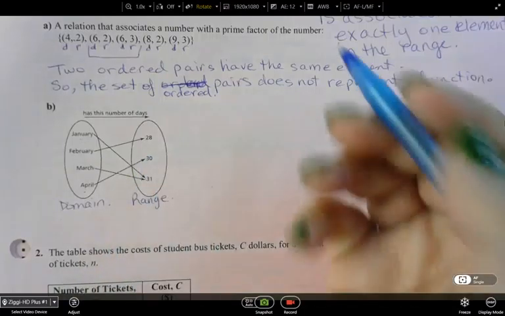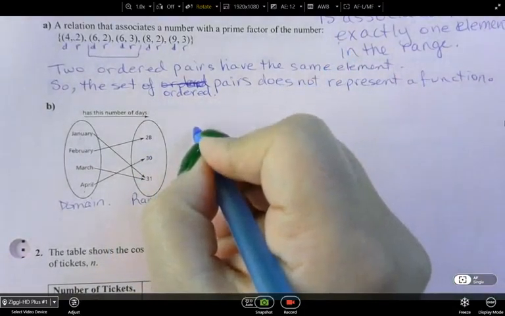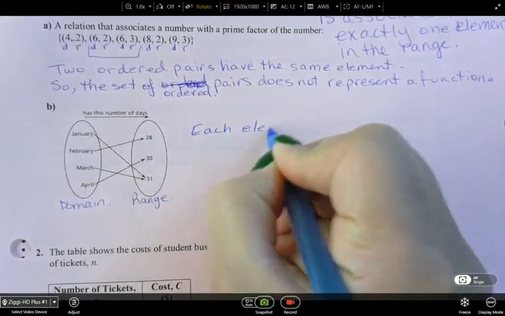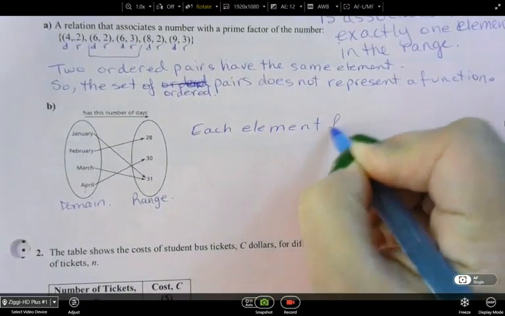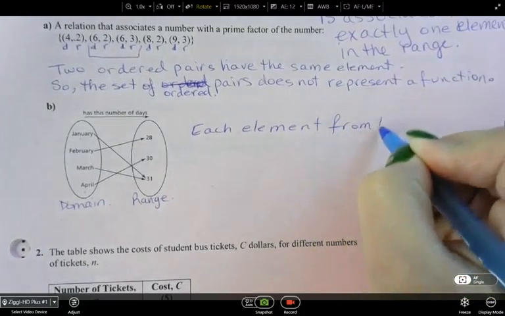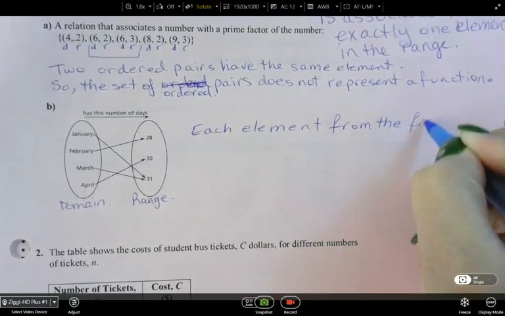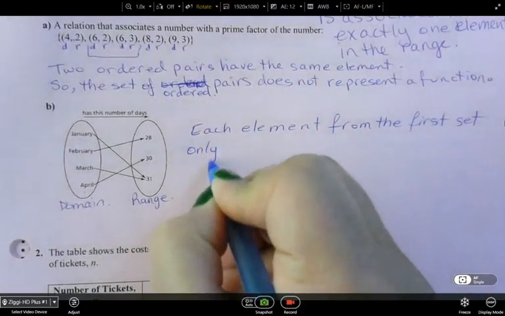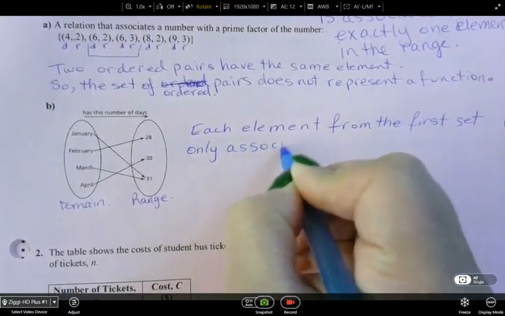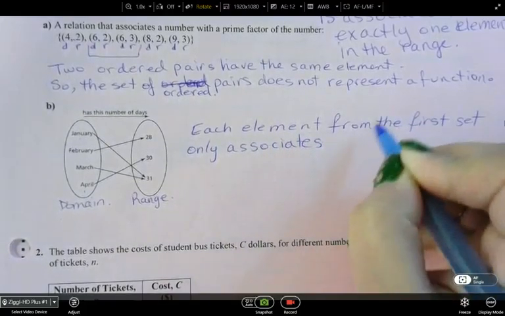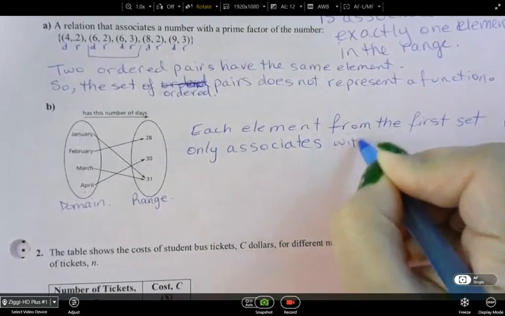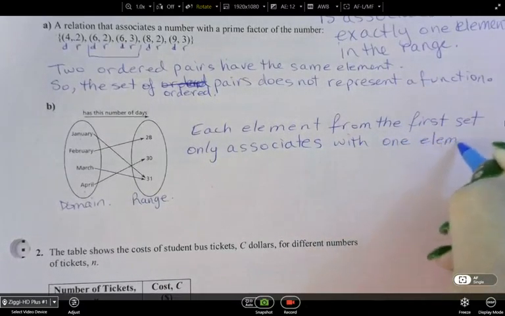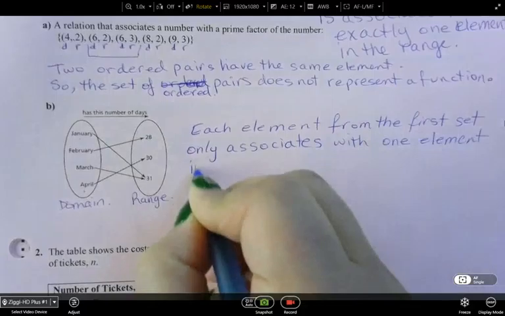Okay? So each element from the first set only associates with one element in the second set.